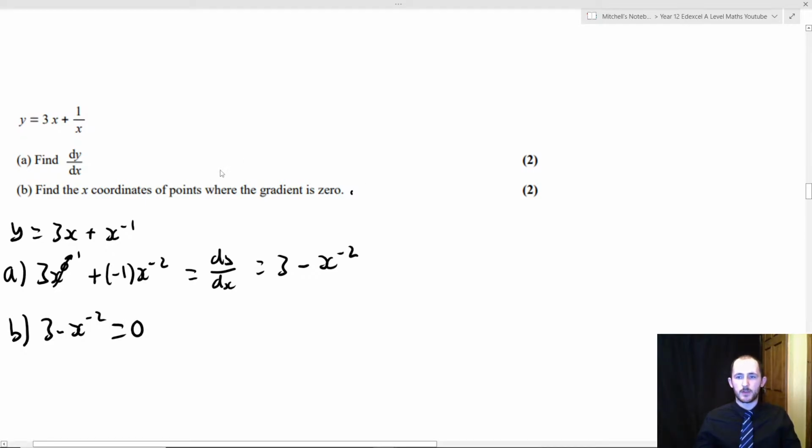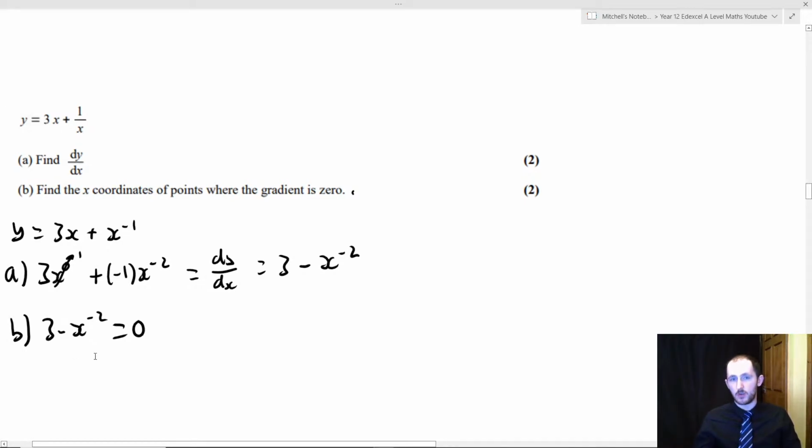Because again, turning points are when the gradient equals 0. The gradient is dy by dx. It's not d squared y by dx squared. So it's not the second differential, it's the first. That's a key mistake that certain pupils make, is they don't know whether to make y equals 0, dy by dx is 0, or d squared y by dx squared is 0. If they're talking about the gradient, you're always going to take the first differential as 0.